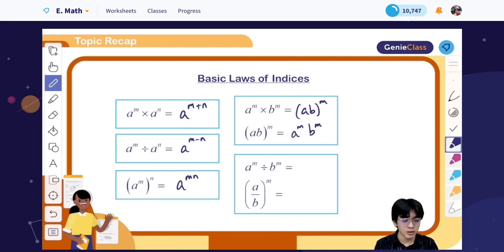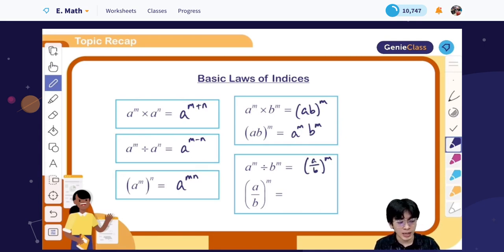Take note, this is a very common problem that you'll miss. Make sure that when you see brackets, you apply the power to both things. Now a^m divided by b^m, same thing, you have the same power, so I can just take it out and I'll be left with (a over b) power m.